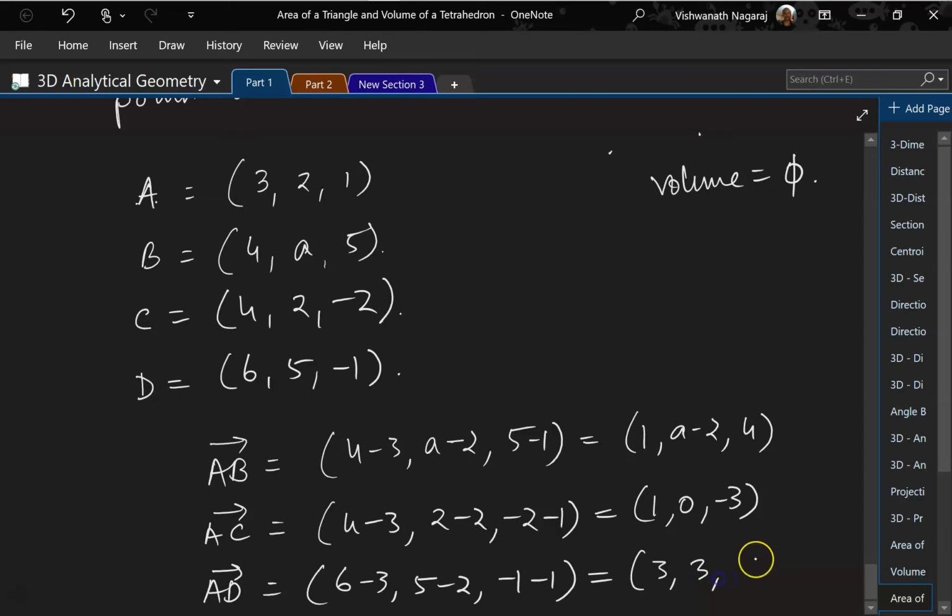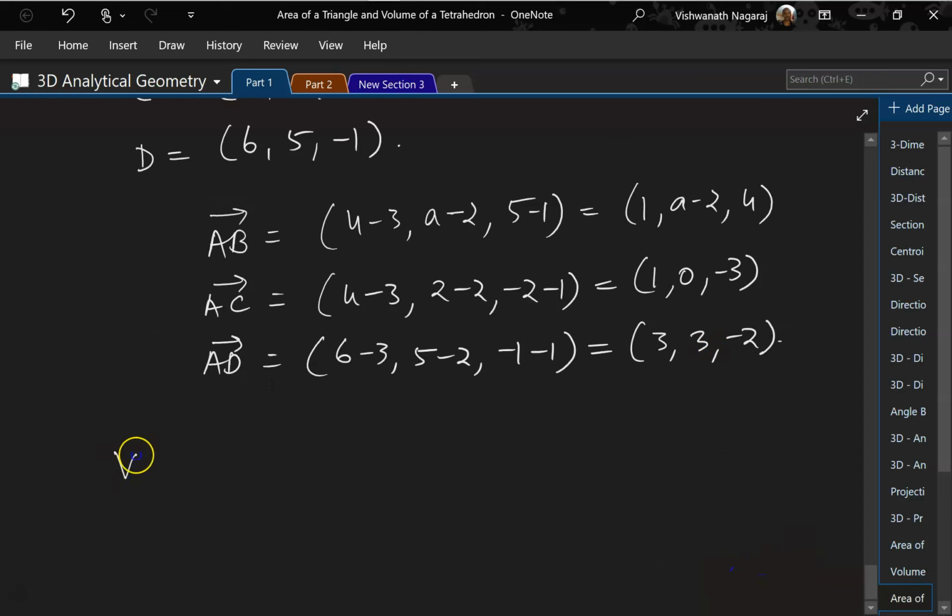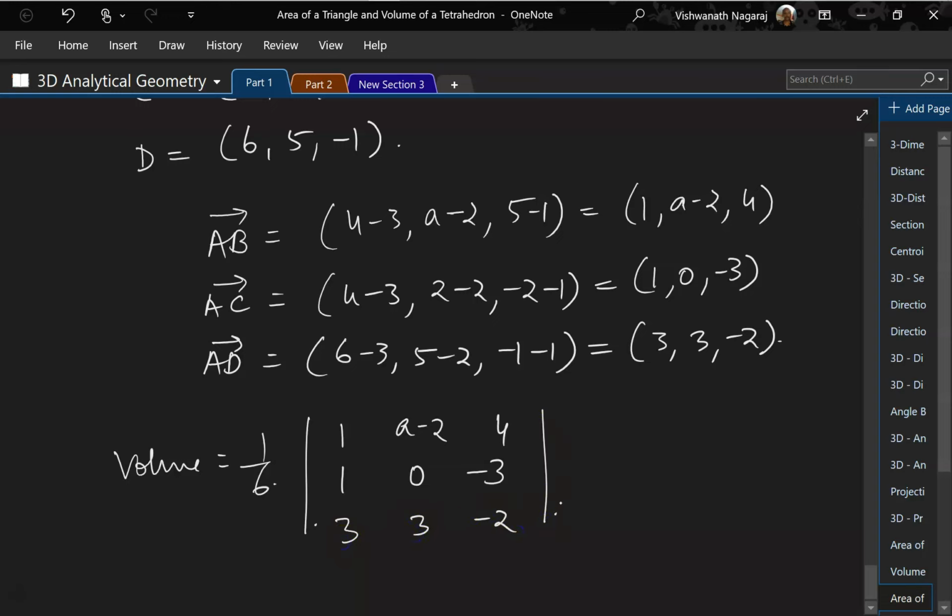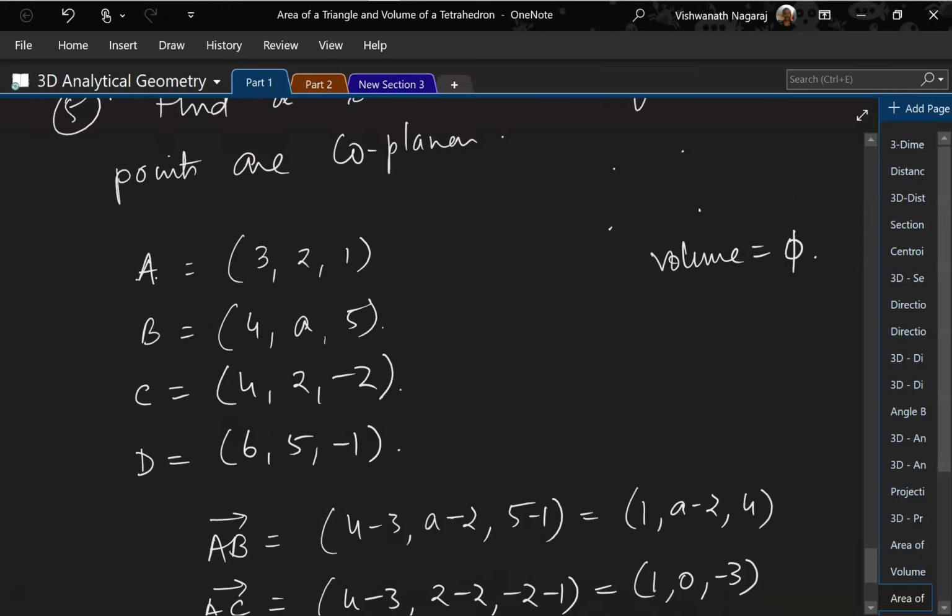So now volume is equal to 1 by 6 of the determinant of this 3 by 3 matrix: (1, a minus 2, 4), (1, 0, -3), (3, 3, -2).